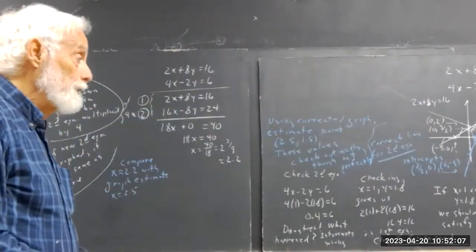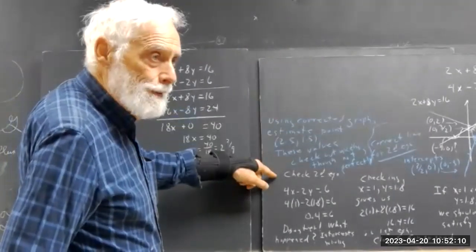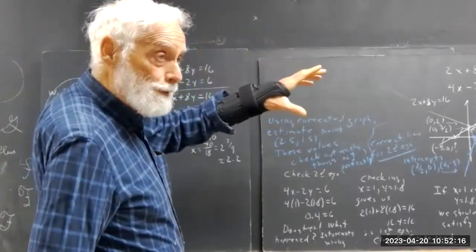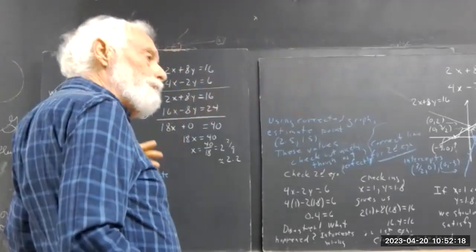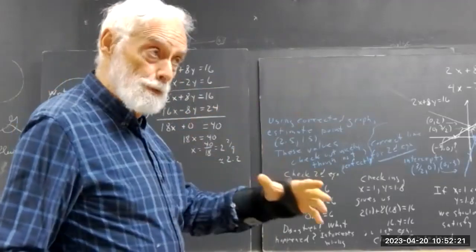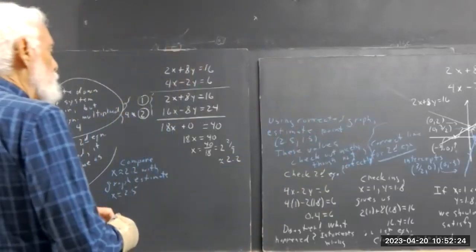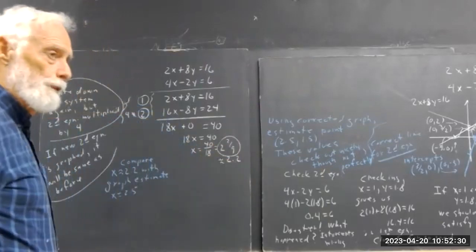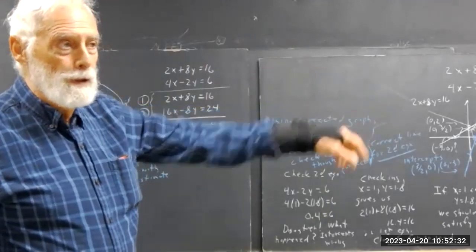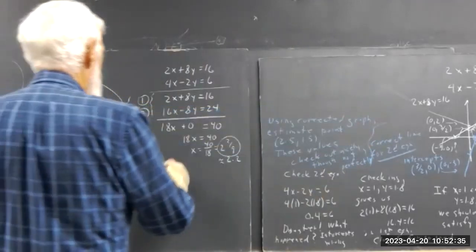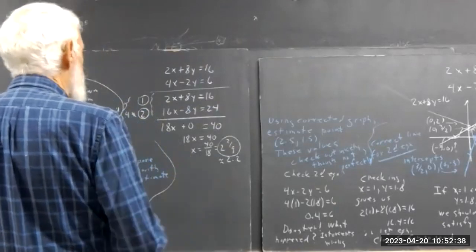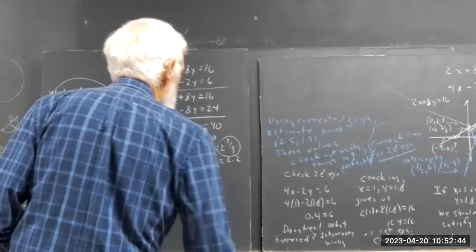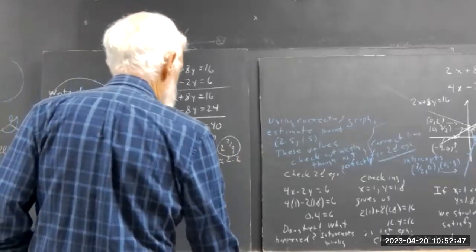Now, remember, the graph estimate didn't give us an exact match for the first equation. It gave us 17 equals 16. For the second equation, our graph estimate gave us 7 equals 6. It's close to being right, but it's not totally right. So we found the exact value, which is this. The decimal approximation I just wrote down so we can compare it with the decimal approximation we made on the graph. How do we know that x is 2 and 2/9, which is really 20/9?